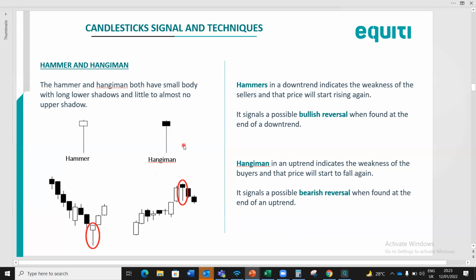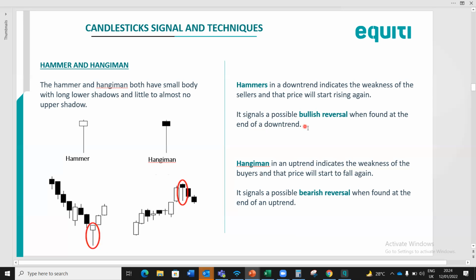All right. So let's quickly look at what the hammer and the hanging man tell us when we find them in the market. A hammer in a downtrend indicates the weakness of the sellers, and that price will start rising again.